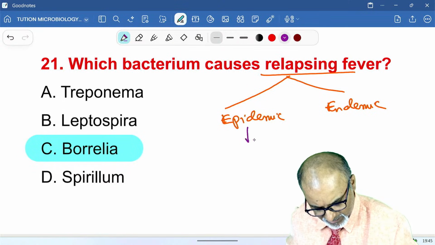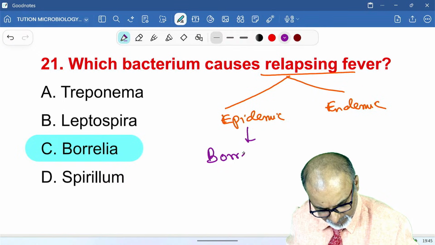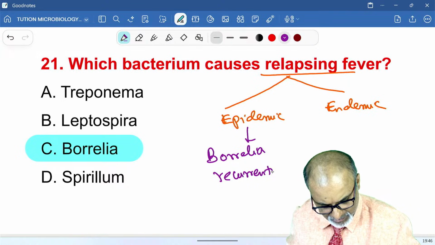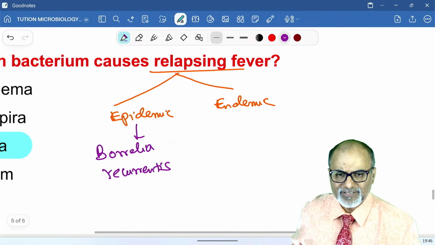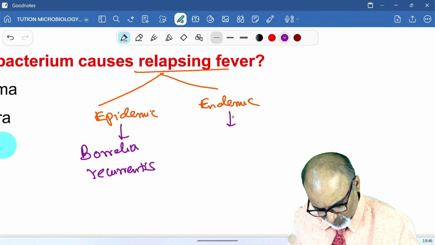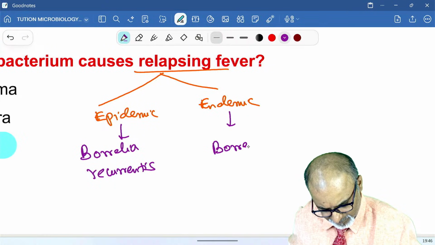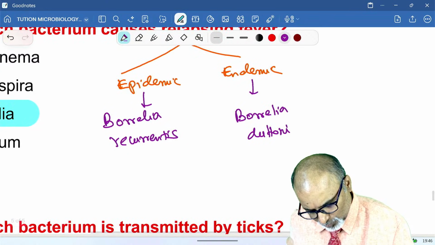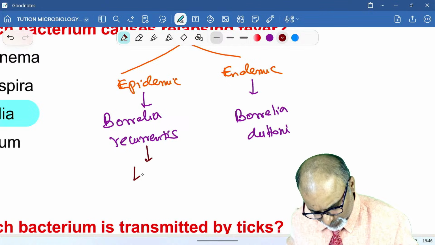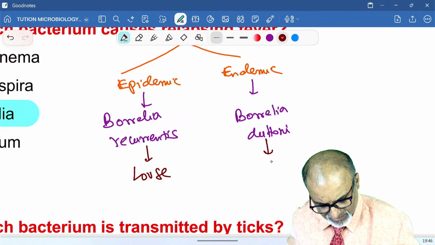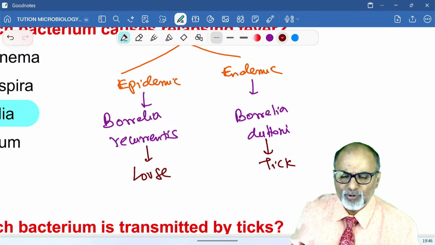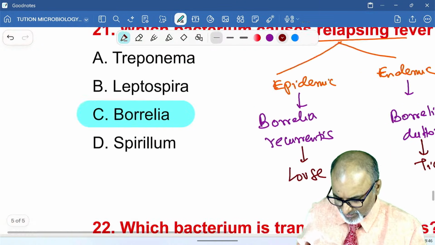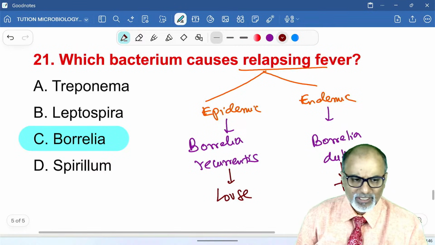Epidemic is caused by Borrelia recurrentis because of antigenic variation on the surface. Endemic is caused by Borrelia duttonii. Vector for this fellow is louse. Here vector is tick. Both treatment usually doxycycline. Relapsing fever is caused by Borrelia.